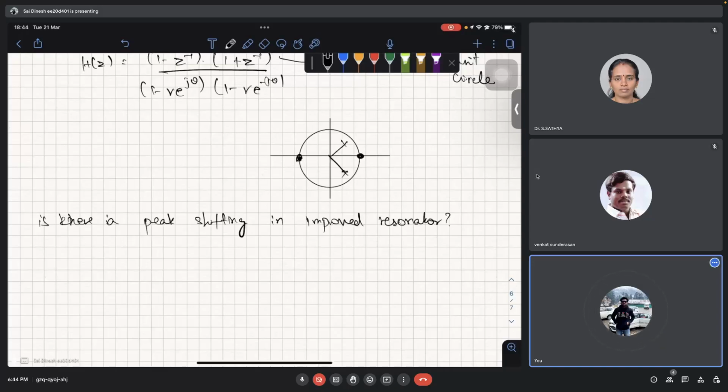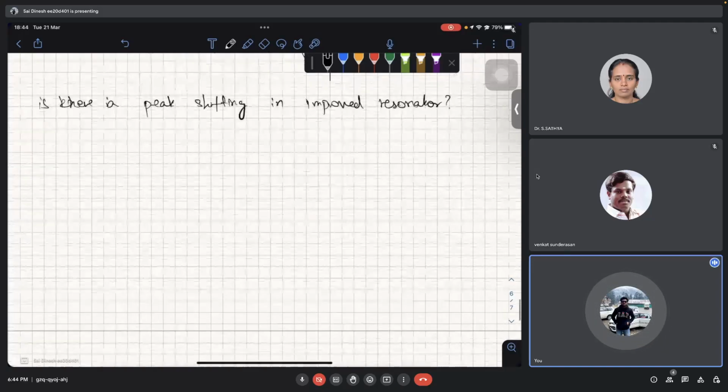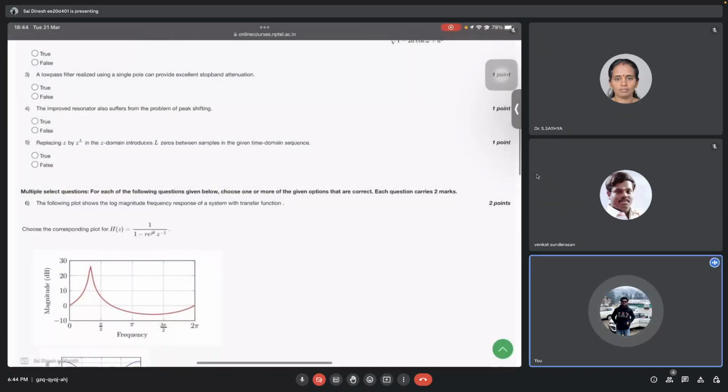Okay, now this is question 4. Then question 5: replacing z by z to the power L in the z domain introduces L zeros between samples in the given time domain sequence.